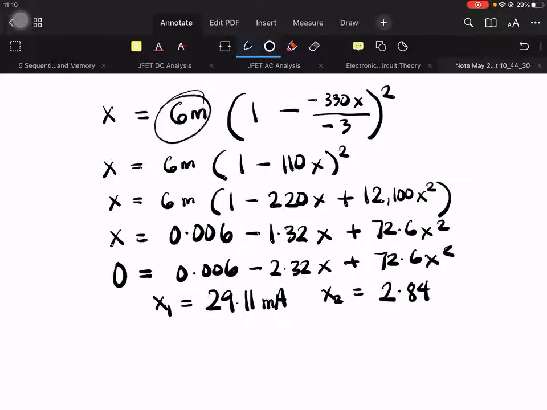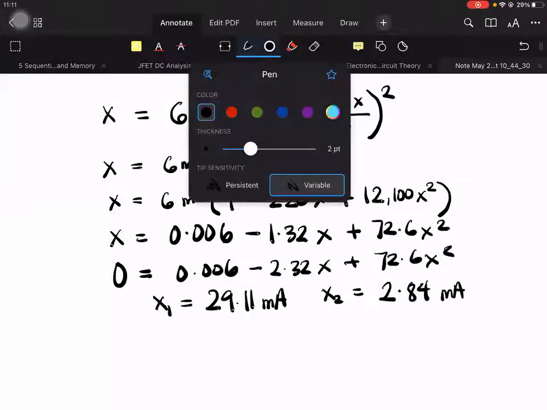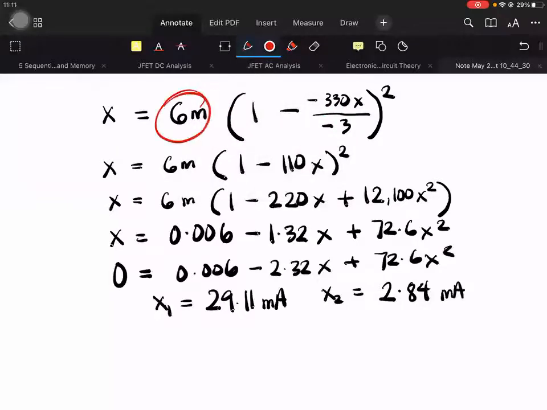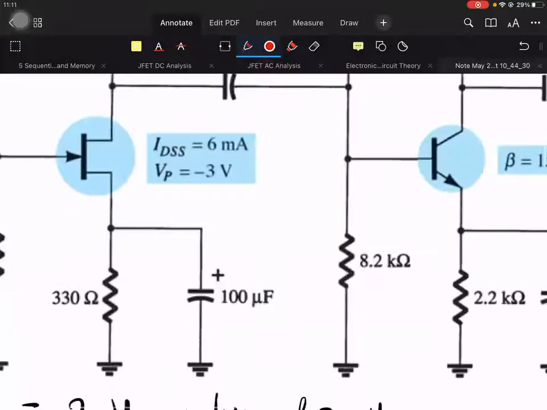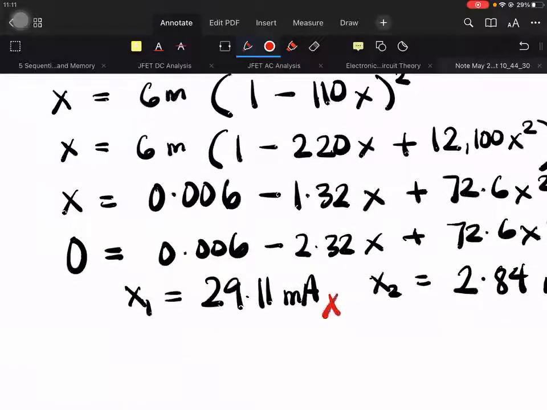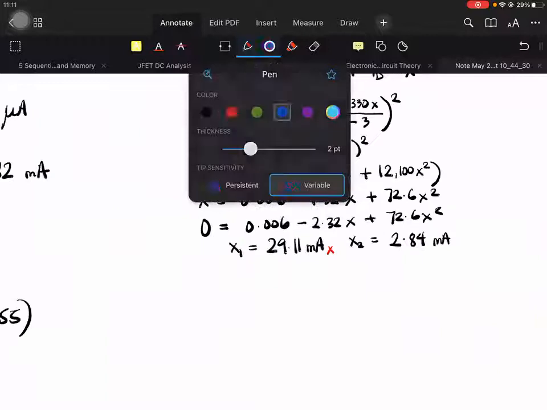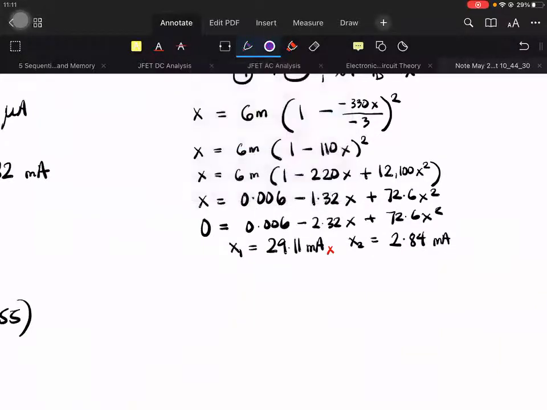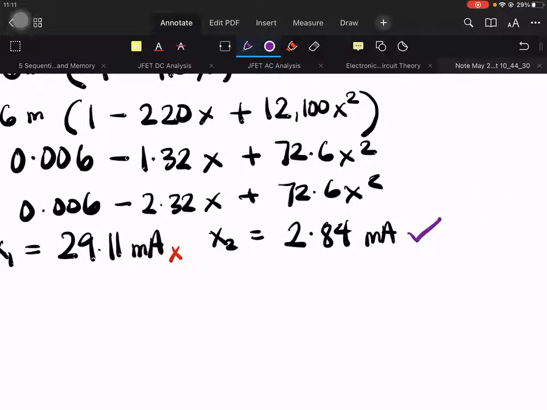The IDSS is 6 milli, so you do not need to substitute both values into equation 1, because 29.11 is larger than the given 6 milliampere IDSS. So we won't choose that one; we'll use the other one. 2.84 milli. That's our ID.